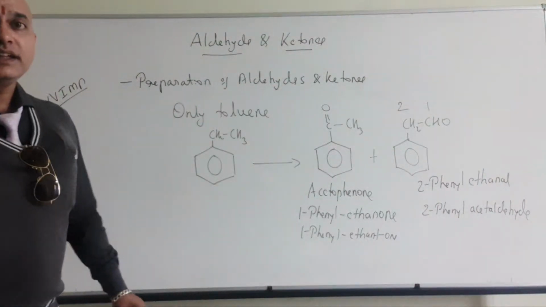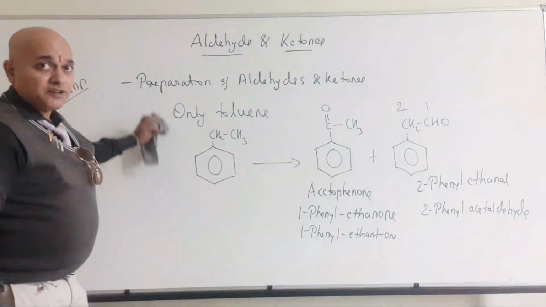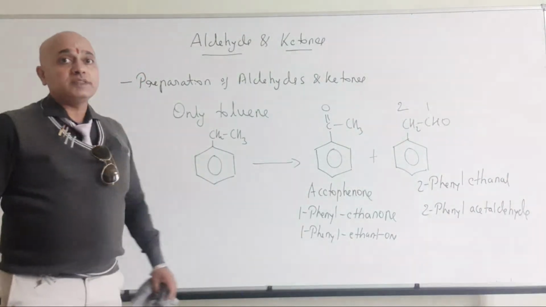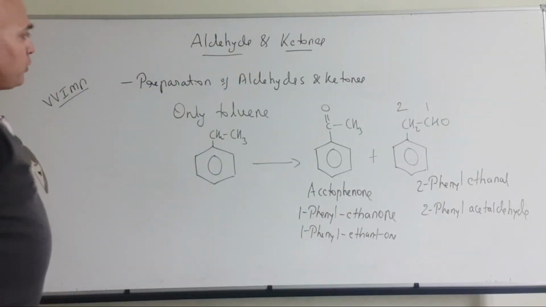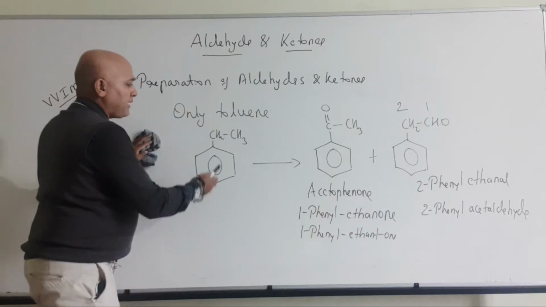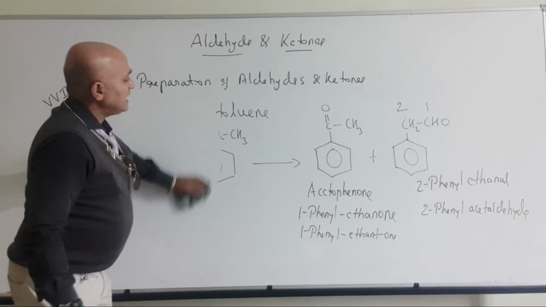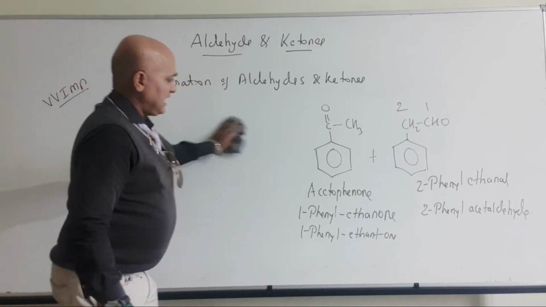Don't worry. Okay. So that's where the side product will be there. Equal amount it will be found. That is the problem. No major, no minor. No major product, no minor product. Right? Same problem with respect to propyl benzene or any other alkyl benzene. That is the problem with respect to Etard reaction.